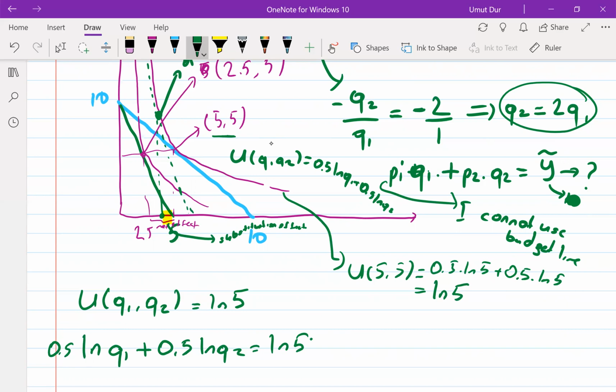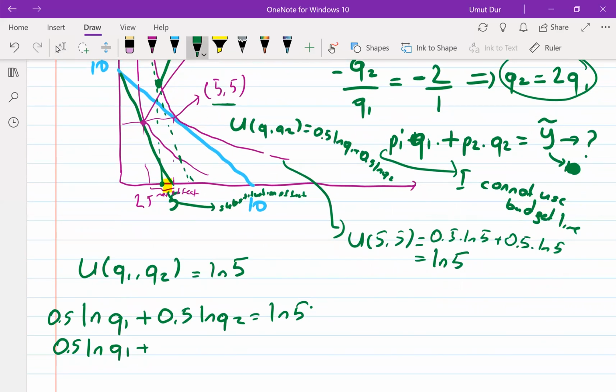I can write 2Q1 here instead of Q2: 0.5 ln Q1 plus 0.5 ln of 2Q1 is equal to ln 5.